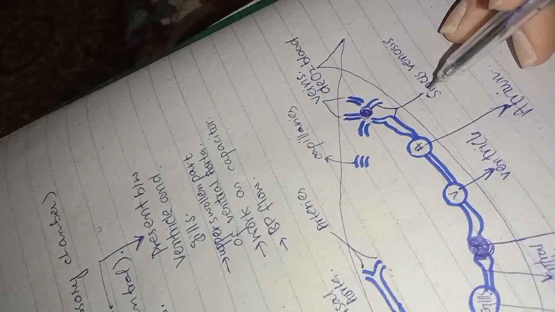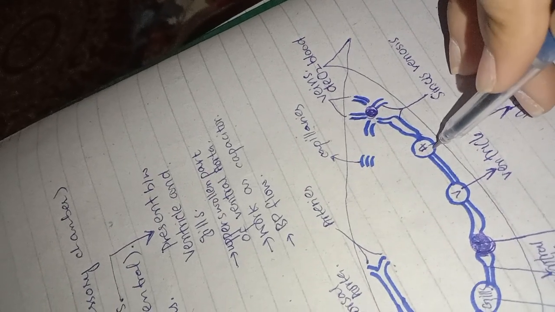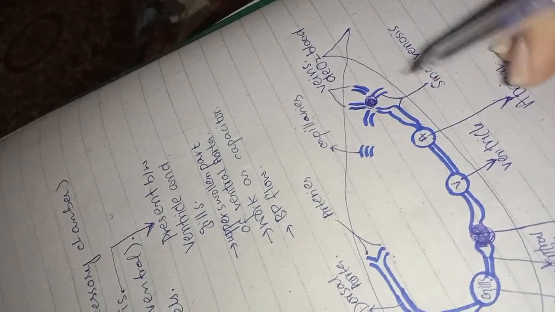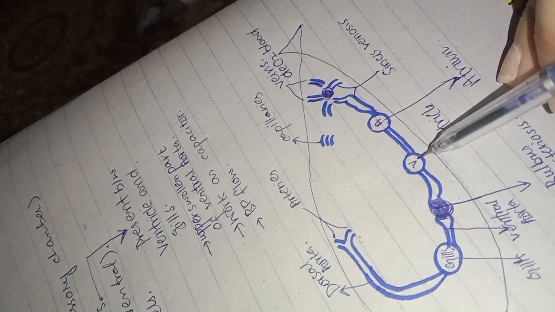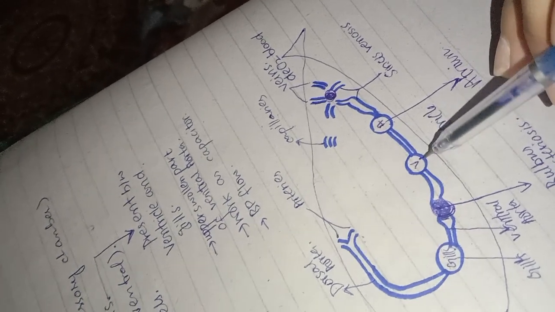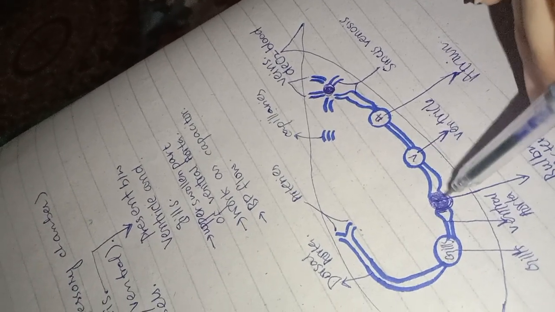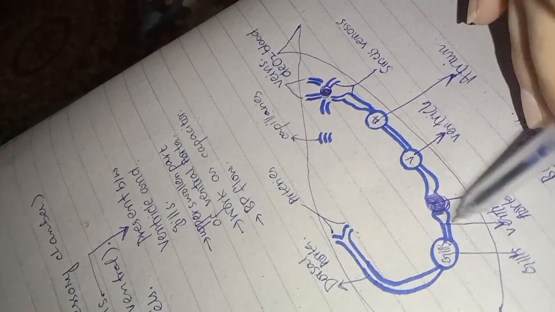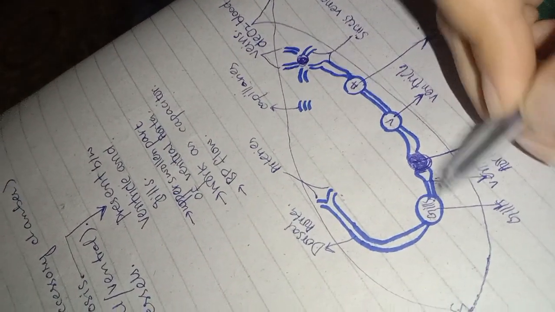From the sinus venosus the deoxygenated blood enters the atrium, from the atrium into the ventricle, and from the ventricle into the bulbous arteriosus, then the ventral aorta, and then into the gills.